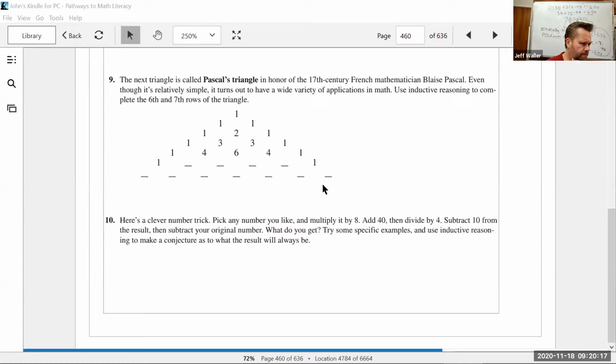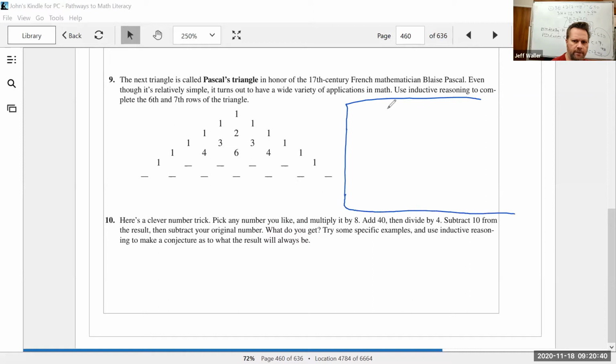There's a really great sequence. Let me show you this right now. We talked about Pascal's triangle, remember?